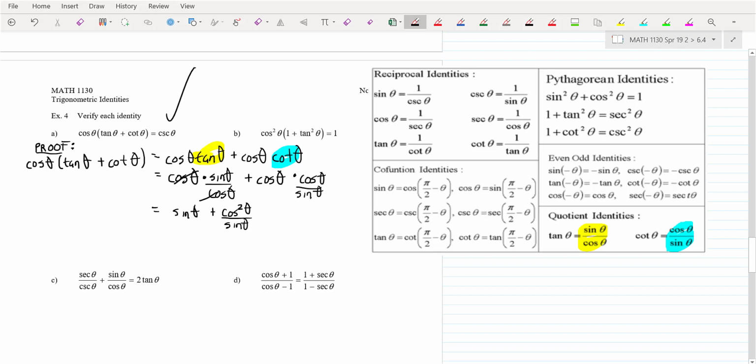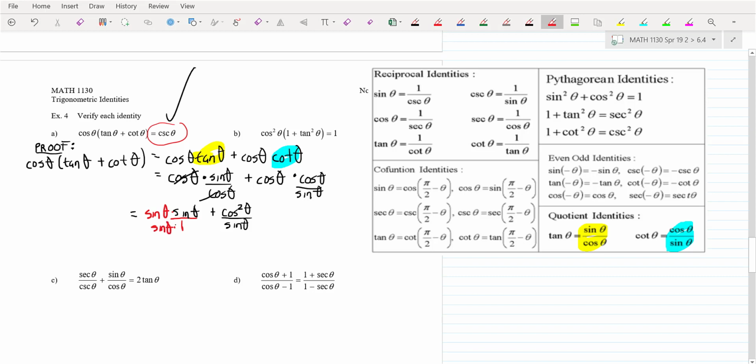Okay, I'm not there yet, but I'm making progress. The only thing I could probably think to do here would be to get a common denominator. Your answer needs to be a cosecant of theta. So the next thought is, let's introduce a common denominator and see where it leads us. The common denominator is sine, so you need to multiply this fraction by sine theta over sine theta.